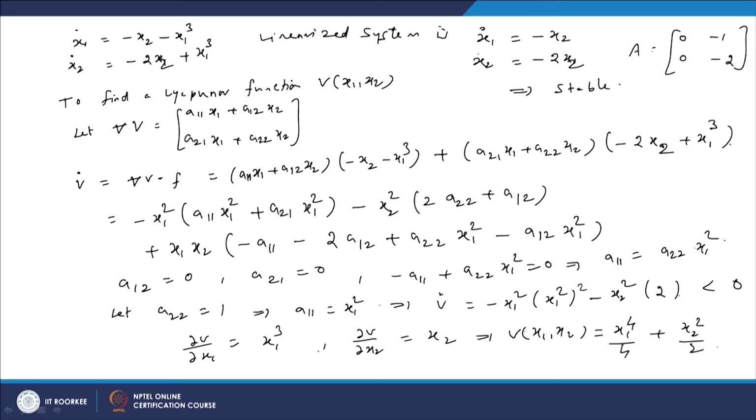So, V is positive definite, V dot is negative definite. So, this given system is asymptotically stable using this particular procedure.